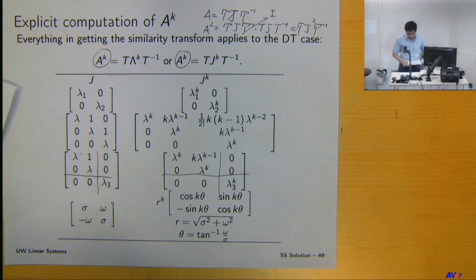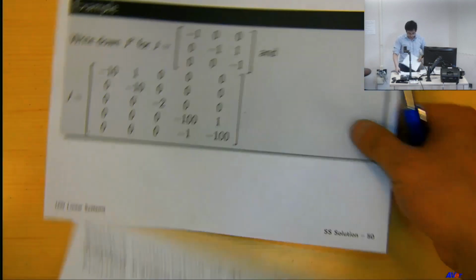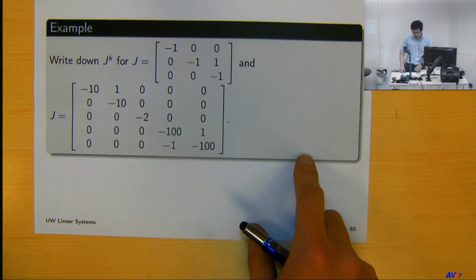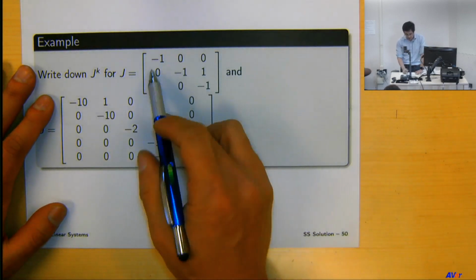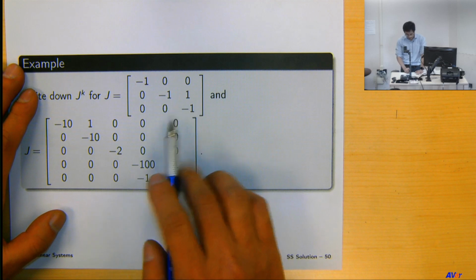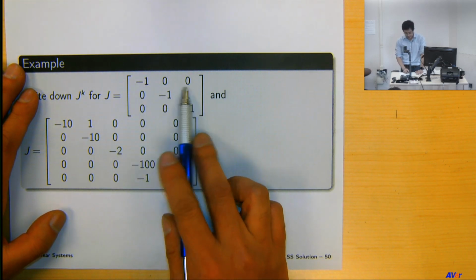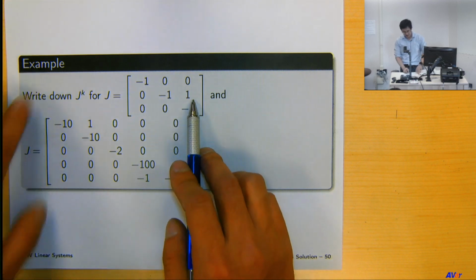Let's do one exercise for the discrete time case. Let's say J is this, one Jordan form, repeated eigenvalues of -1, one off-diagonal element.